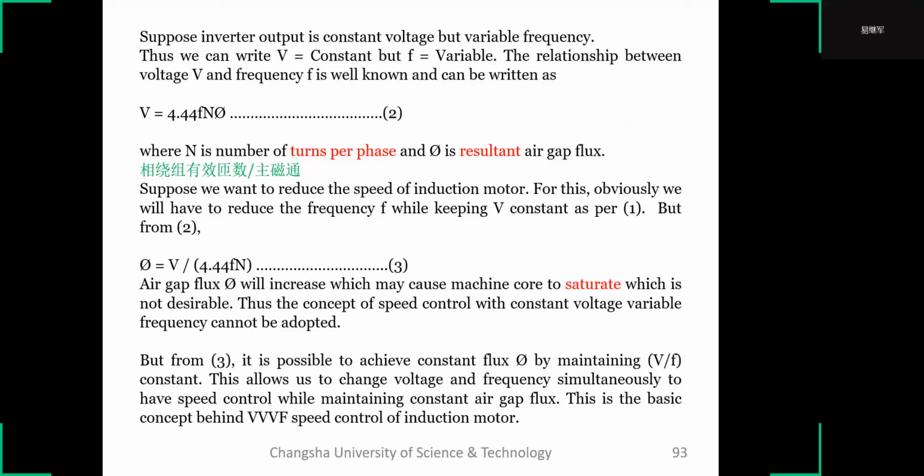When we change the frequency, we need to keep the ratio V to F constant. So it is difficult for us to control the frequency and the voltage.